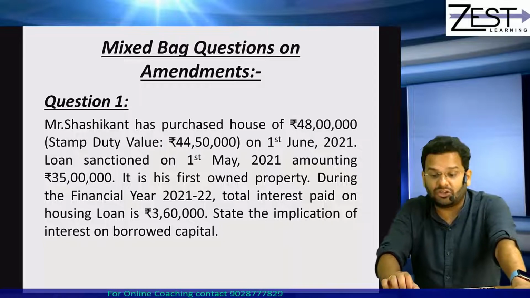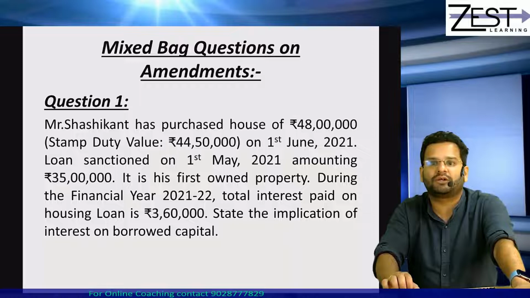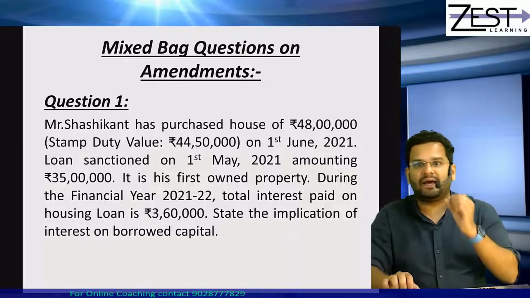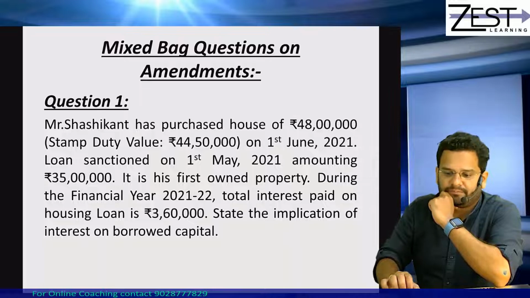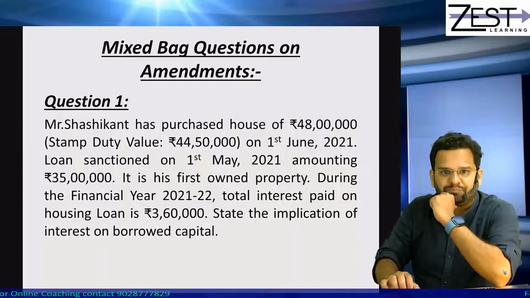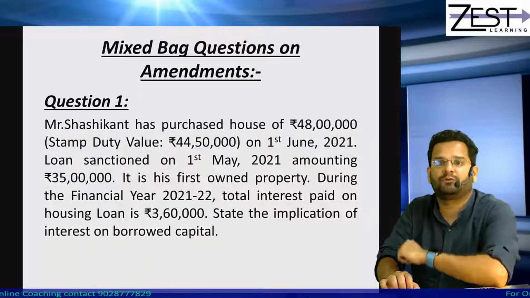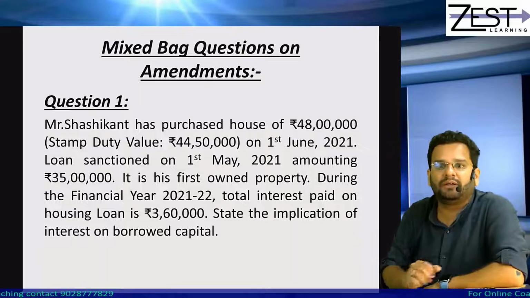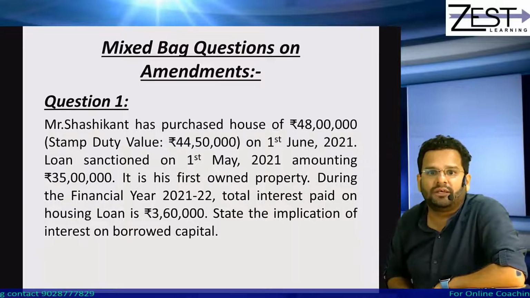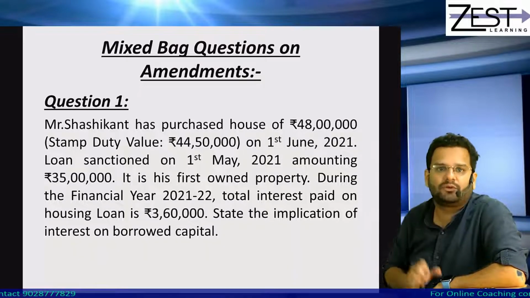What is the implication of interest on borrowed capital? As you know, this property is self-occupied. Can you see that this is the first owned property? So this is self-occupied property. Interest paid on this property for the year is 3,60,000.